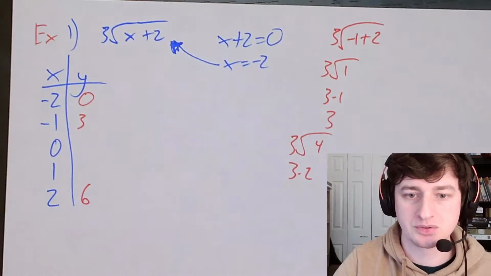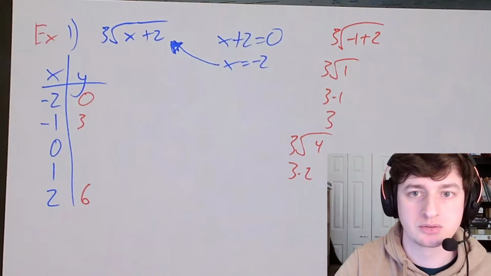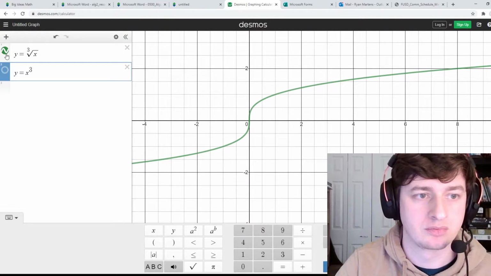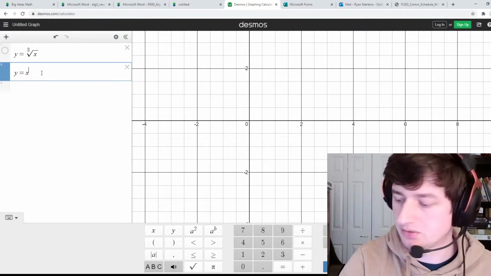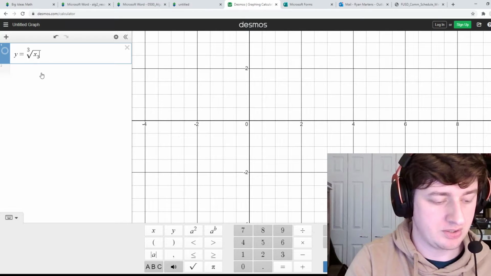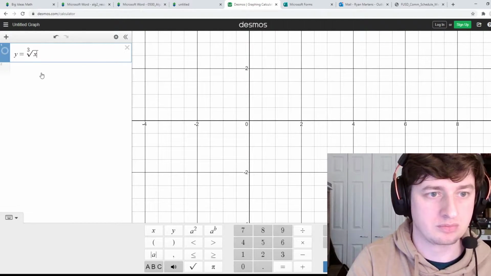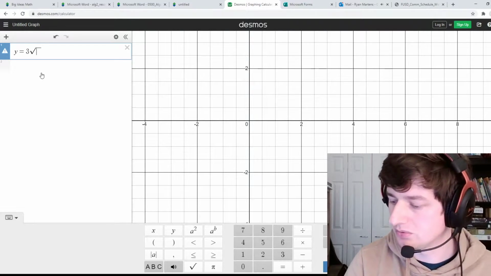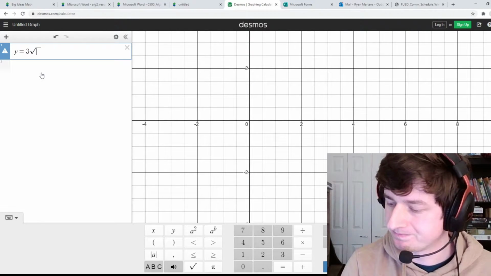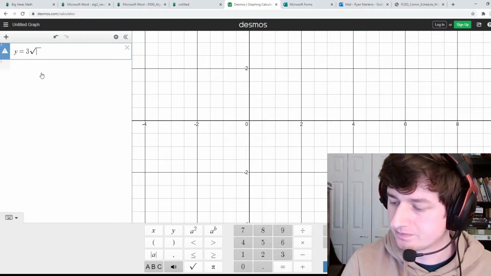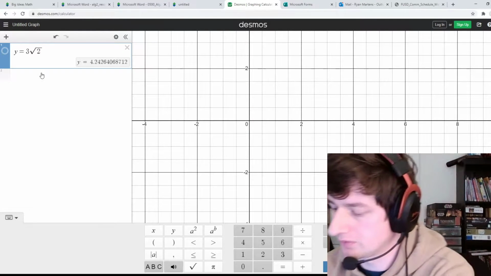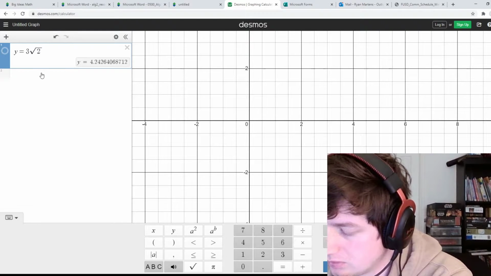Into Desmos. So here is Desmos. That's the old thing we have. Don't really need this. We just need to figure out 3 square root 2. And so we get 4.24.